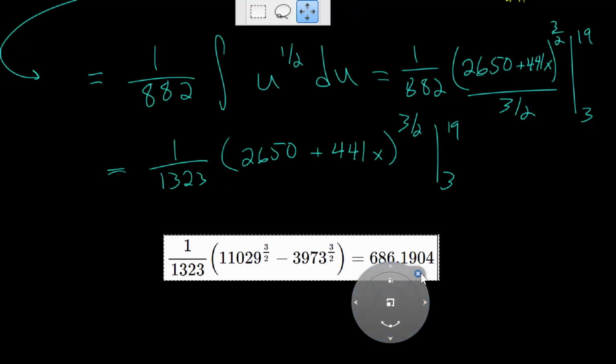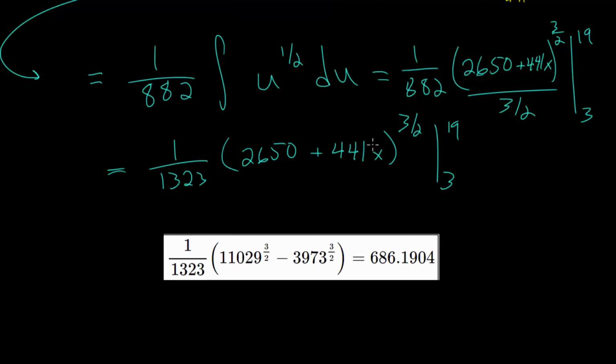this would be the exact expression after plugging in 19 and adding these two terms together. We would get 11,029, all of that's to the 3/2 power, and we're subtracting when x is equal to 3. Again, plug that in, add these together. We get 3,973 raised to the 3/2 power, and then all of that is multiplied by this fraction in front.